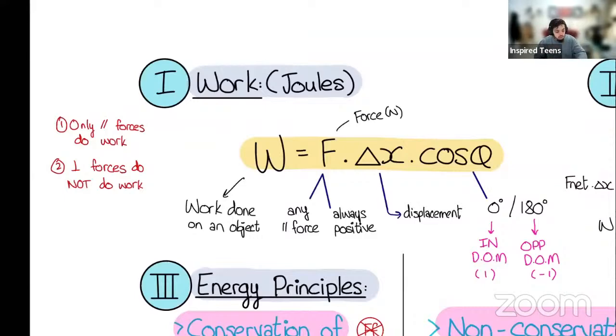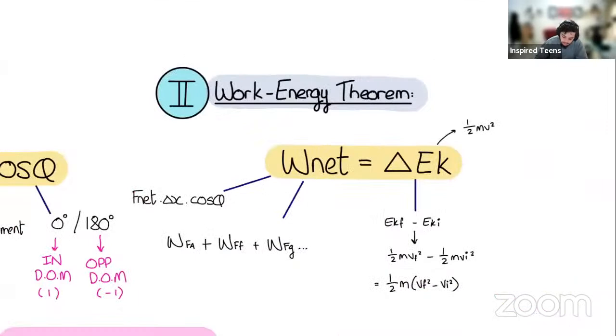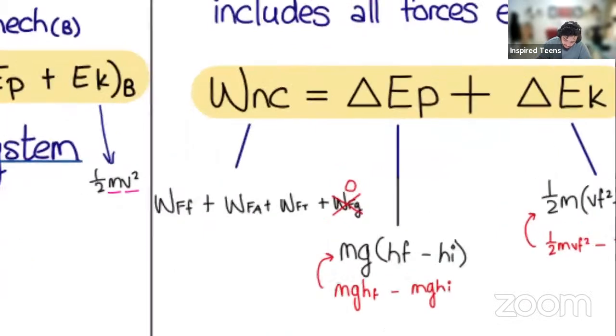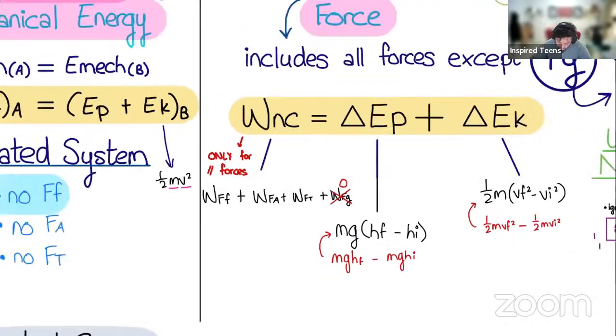Perpendicular forces do not do work. We cannot substitute it in. So in W net, this is only for parallel forces. It's the same thing here. Only for parallel forces.